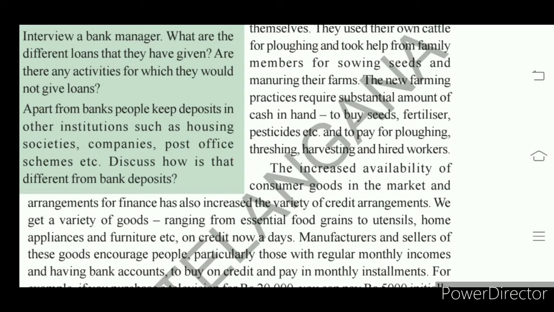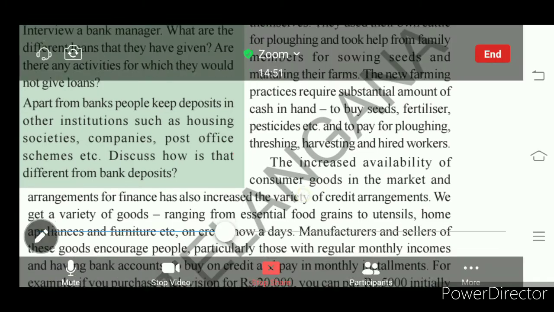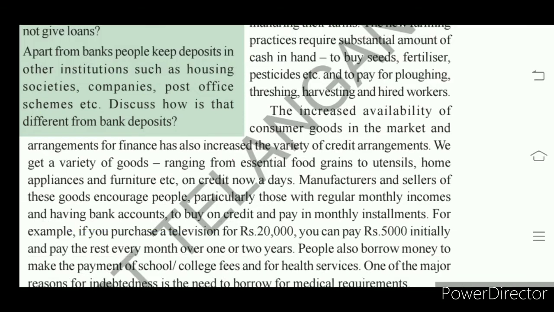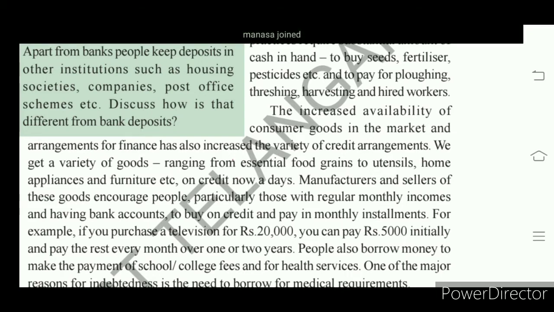So the increased availability of consumer goods in the market and arrangements of finance also increased the variety of credit arrangements. Today we find a number of credit arrangements in the market.